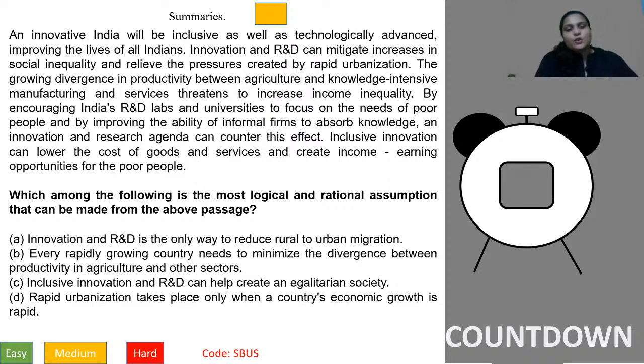All right, so for this one, the passage talks about why we require innovation in R&D, and they mention social inequality and the pressures created by rapid urbanization. They further add that if you have more innovation in R&D, you can bridge the gap between productivity in agriculture and the manufacturing sector.